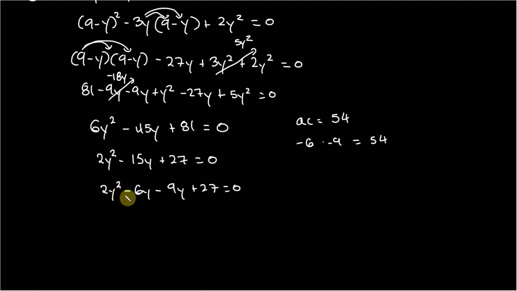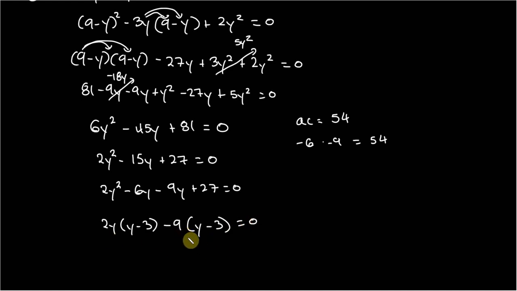And we just need to carry on with our factorization. So we can factor out a 2y from the first, so 2y, and that's going to leave us with y minus 3. And we can factor out a negative 9 here, and that's going to be y minus 3, which is exactly where we want to be.